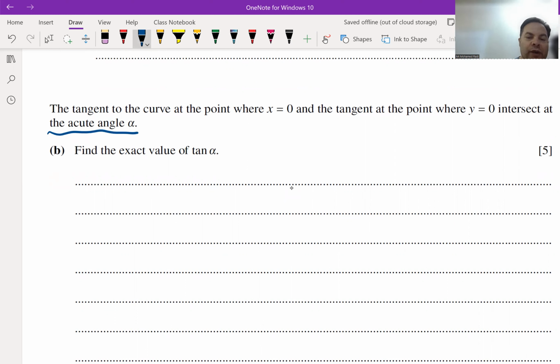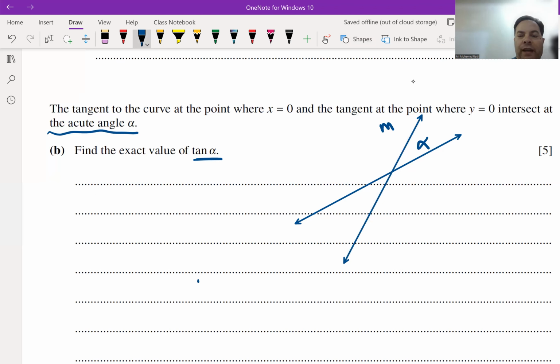First, how do we get the angle between two lines in general? If we have two lines, line 1 and line 2, to get the angle alpha in between, we have to identify the gradient of the first and the gradient of the second, where M1 is greater than M2. To find the acute angle in between, start with the big one.